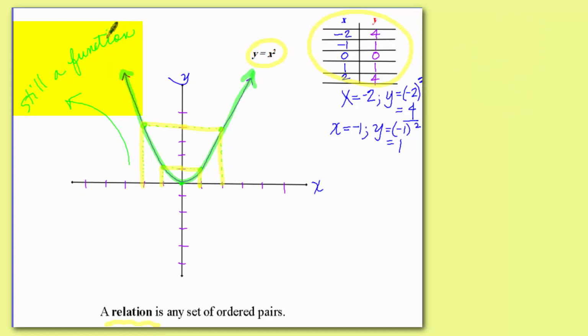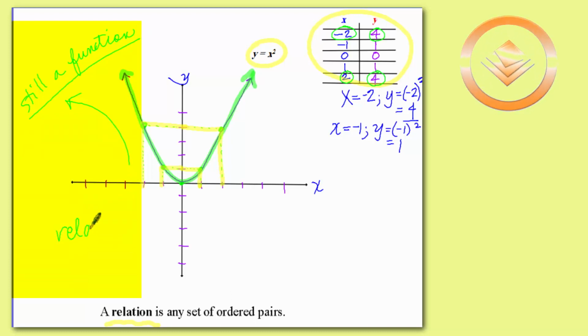Because even though we have the same values for any x value, as you can see here, for one x value we get another y value, and for the same y value we have another x value. So in other words, it still defines a relation. It is a relation, and this is still a function.